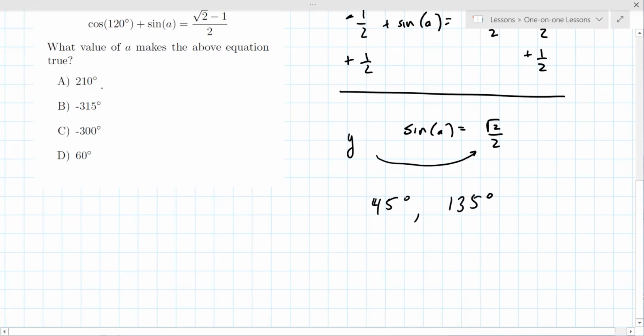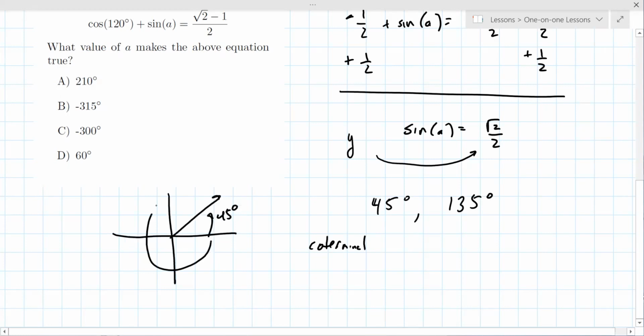Okay. So notice none of those answers are there. So the coterminal angles: if you want to get to 45, 45 is right there. If you go the other way, it's the same as subtracting 360. So if you subtract 360 from that, you get -315 and -225.